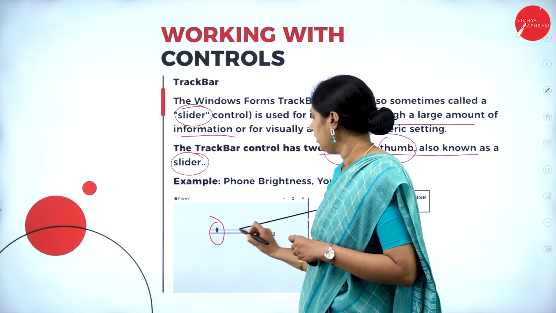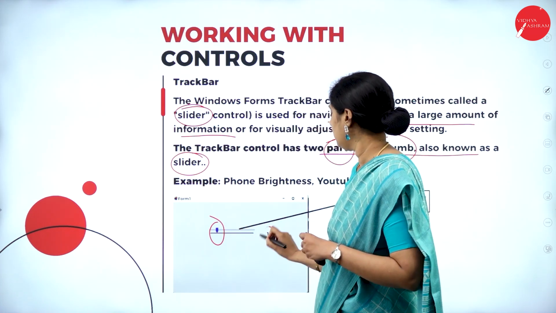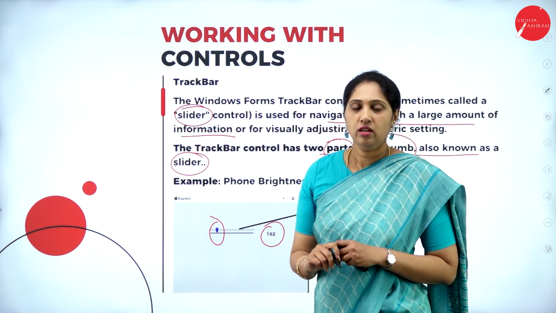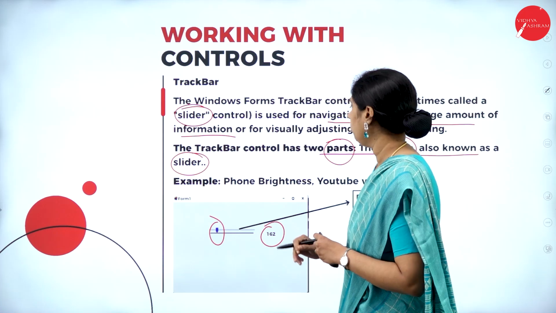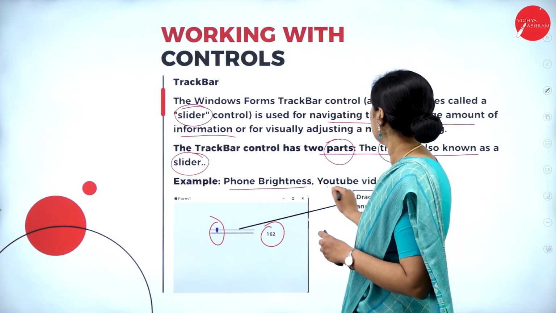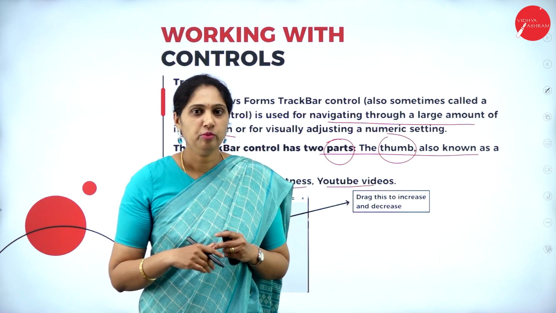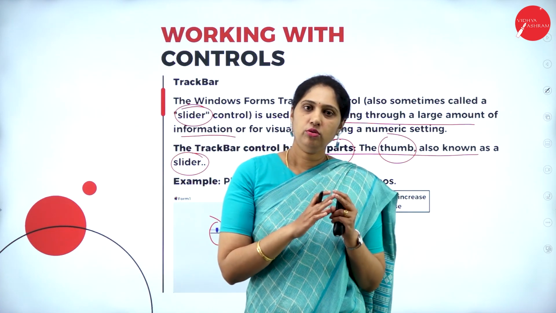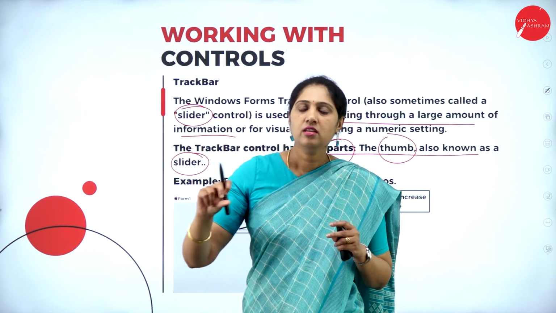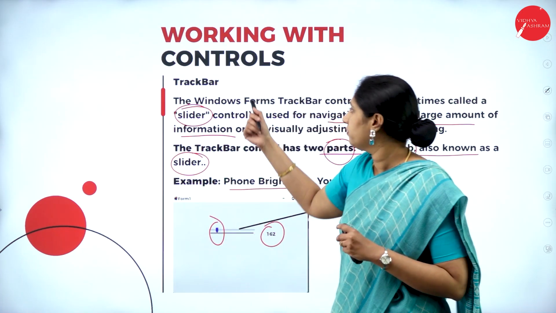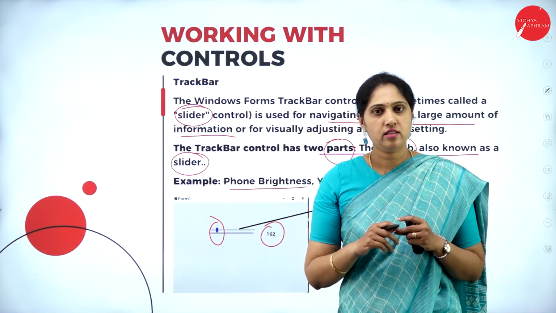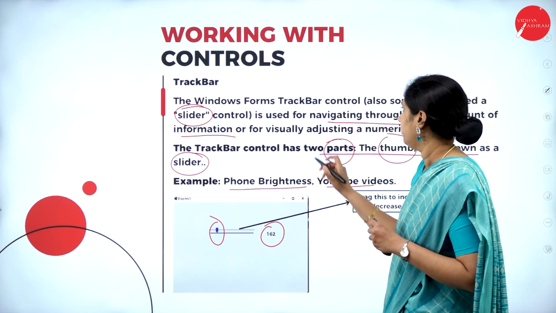When I increase or decrease, I can see some variation. So what is the example? We already know phone brightness and the YouTube video. When I'm watching a video on YouTube, if I want to go to the end or the middle, I just navigate through my track bar, or we can say a slider.